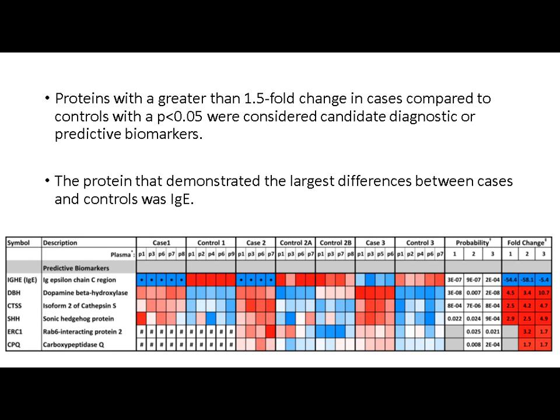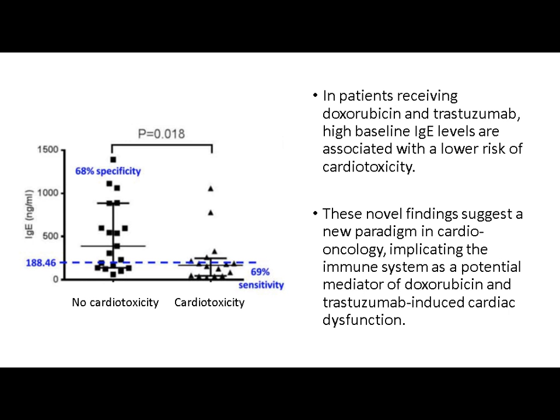However, the protein that demonstrated the largest differences between cases and controls was IgE. In patients receiving these treatments, high baseline IgE levels are associated with lower risk of cardiotoxicity. This novel finding implicates that the immune system can be a potential mediator in doxorubicin and trastuzumab-induced cardiac dysfunction.